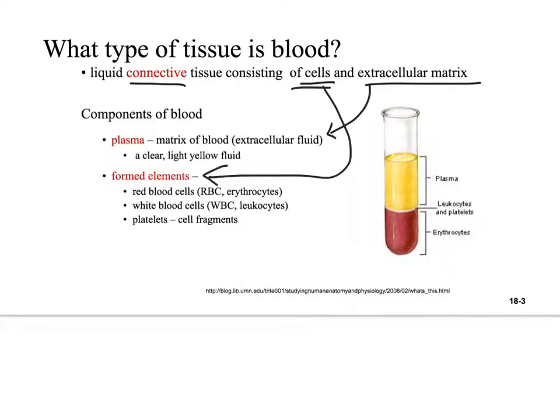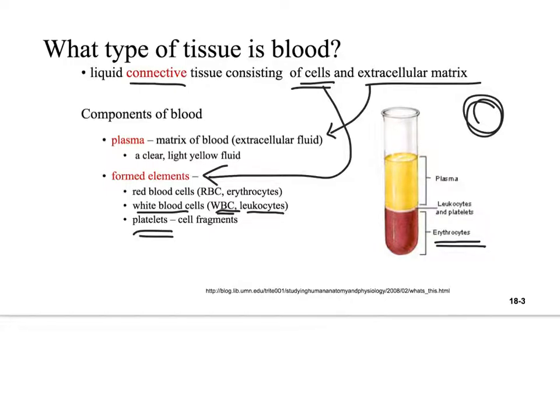So if you did a blood draw on someone and put it into a tube, and you put it in a centrifuge and spun it down, or you let it sit and let the heavier things settle out, what you're going to see is red blood cells, which are also known as erythrocytes, and we abbreviate them RBCs. You'll see white blood cells, which are also known as leukocytes, which we call WBCs, and then platelets.